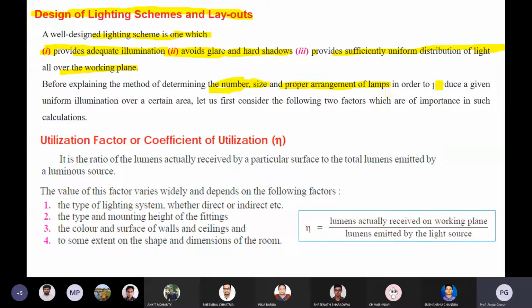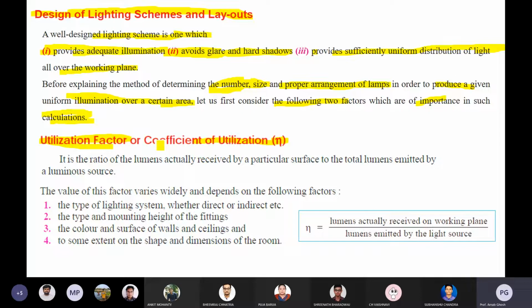The first factor that we need to know is the utilization factor, or coefficient of utilization. That is eta, not efficiency, but we need to know that factor. Before going to detailed calculations, what is this? It is a ratio of the lumens actually received on the particular surface to the total lumens emitted by a luminous source.